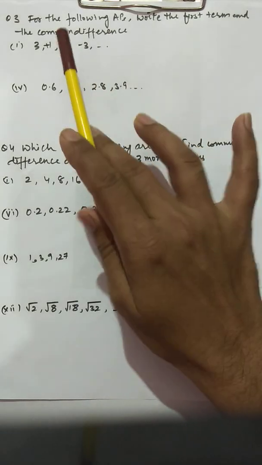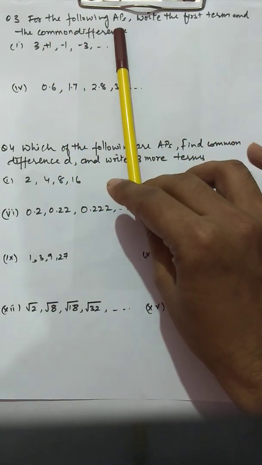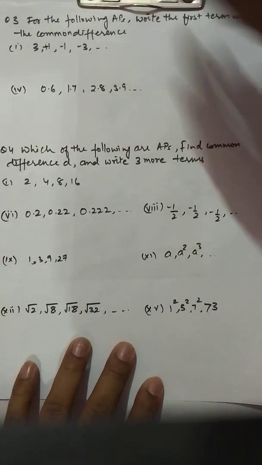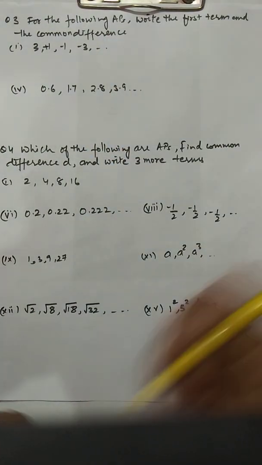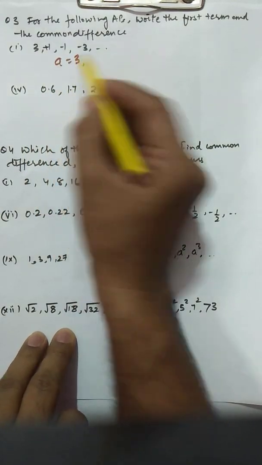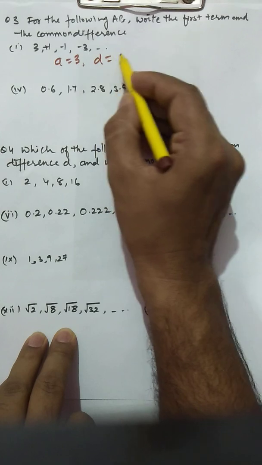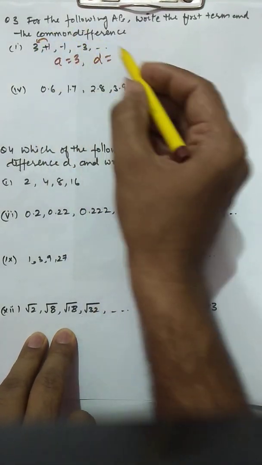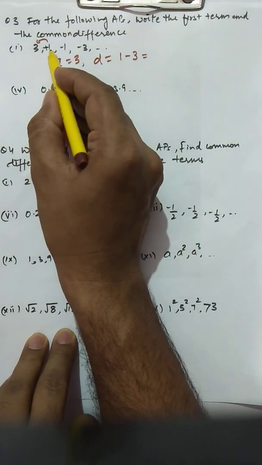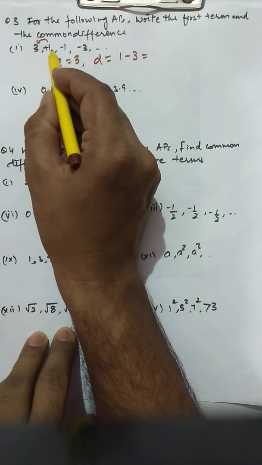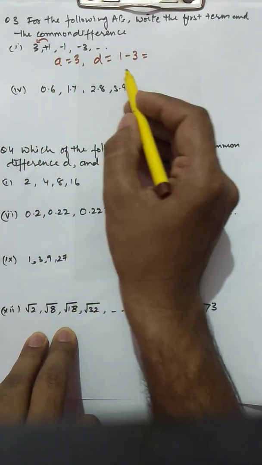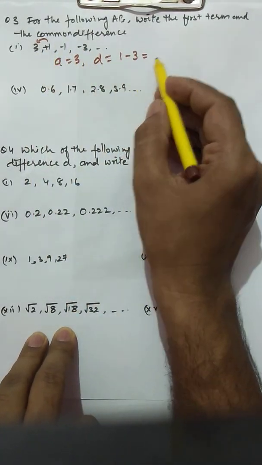Now consider the third question. For the following APs, write the first term and common difference. You can see the first term is A, so A equals 3, and D, you know how to obtain D. You always take 2 consecutive terms: the next one minus the previous one, and you will always get the difference.